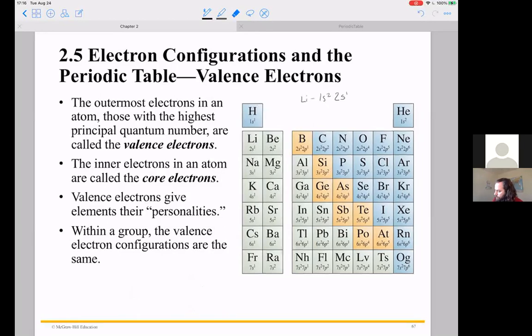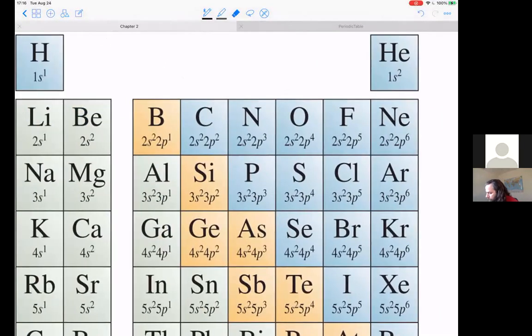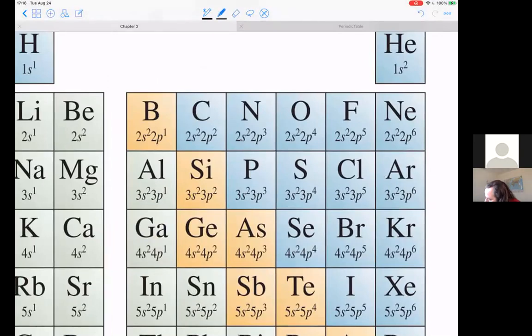So let's just zoom in real quick. Again, in terms of the highest principal quantum number, let's look at these guys here. For oxygen, it's 2, and it has two 2s electrons and four 2p electrons for a total of 6 valence electrons.